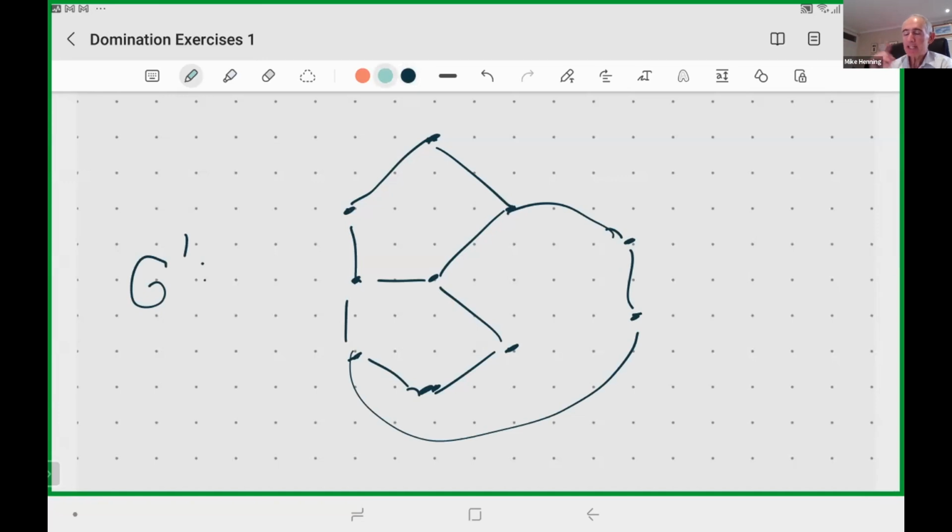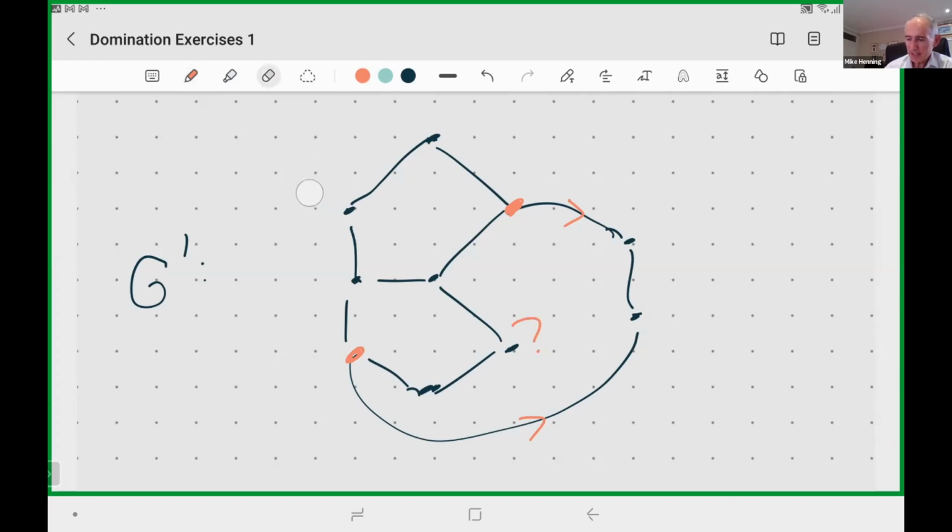To dominate this, we need at least 4. And that's easy to see because there's a few possibilities. How do I dominate those vertices? Well, one option is I could pick this one and this one. That dominates that, that dominates that. But then I'm in trouble, because how do I dominate this vertex?